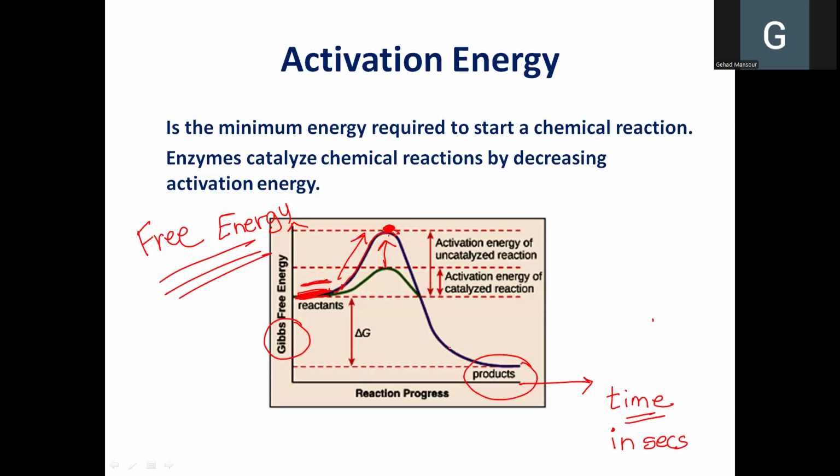The blue curve represents the uncatalyzed reaction, I mean, the reaction without enzymes. So it has a relatively high level of activation energy, because we had to increase the energy until we reach that peak, which is the energy that we need in order to start the chemical reaction and in order for the reactants to produce the products.